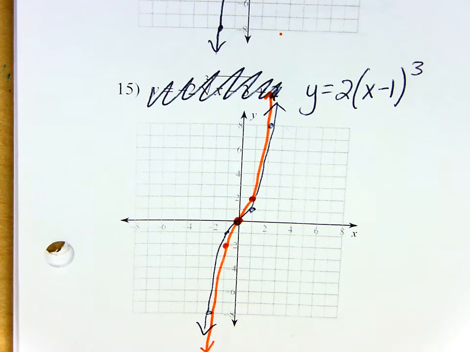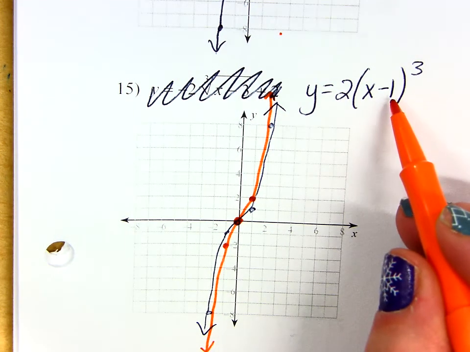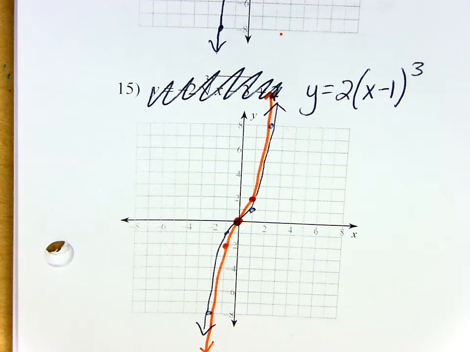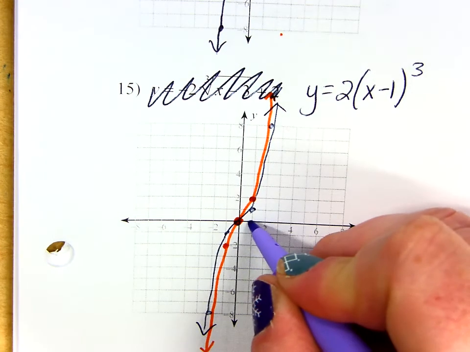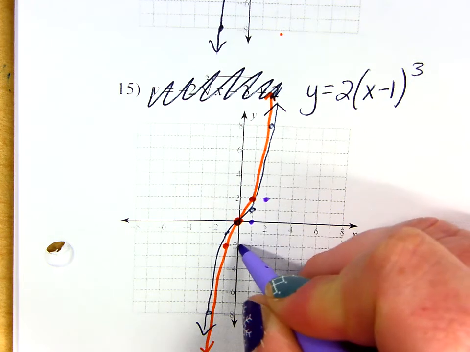Okay, and then all I have to do, if there's a negative 1 in there with the x, that tells me to do what with this graph? Pick it up and move it to the right one. So each dot just gets moved to the right one.